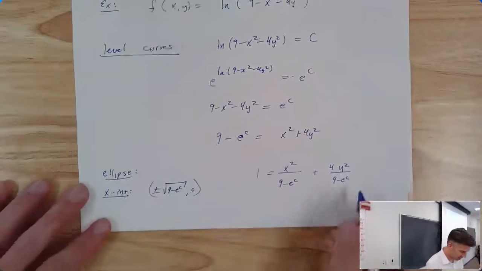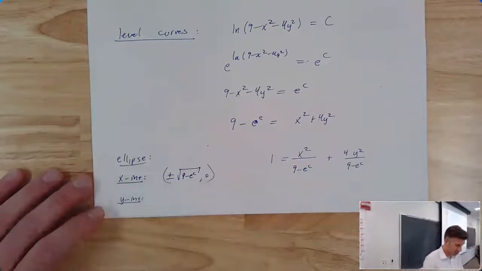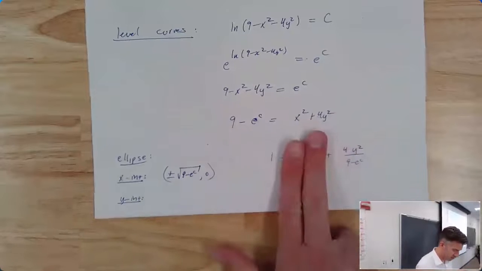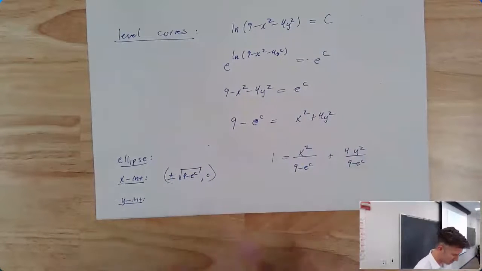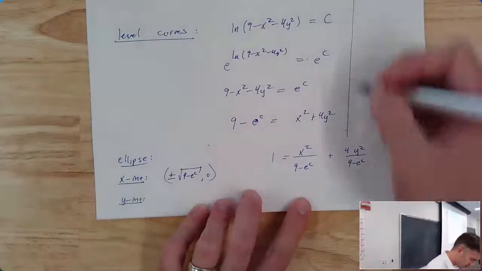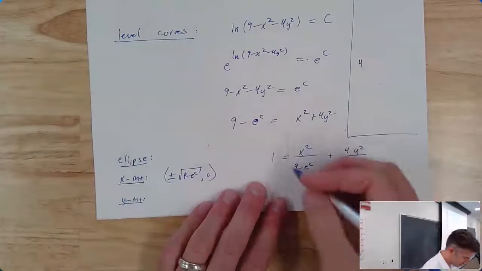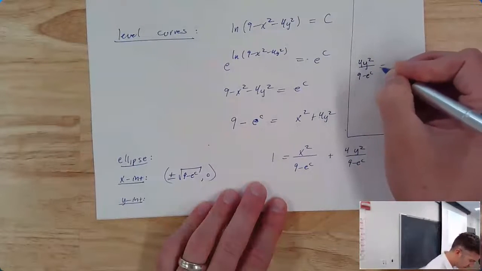And I know that the y-intercepts are going to be, so what I'm really thinking of is just setting x equal to 0 to find the y-intercepts. If I set x equal to 0, that whole term goes away, and I'm left with this. So if I solve that, just to show the work a little bit more, I've got, sorry, equal to 1, not equal to 0. 4y squared over 9 minus e to the c equal to 1.